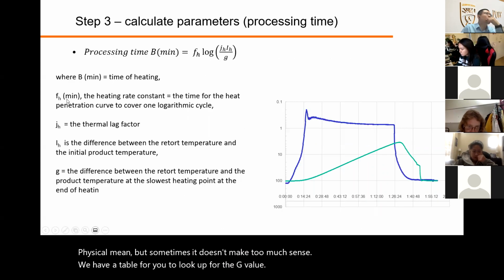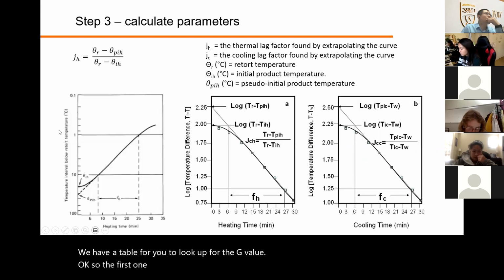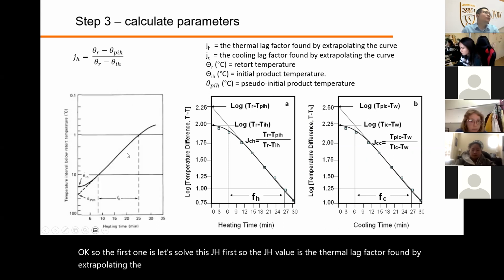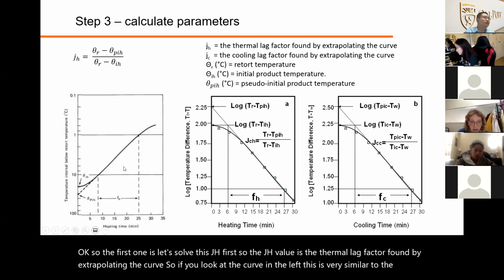So the first one, let's solve this JH first. The JH value is the thermal lag factor found by extrapolating the curve. If you look at the curve on the left, this is very similar to the curve that we have plotted.